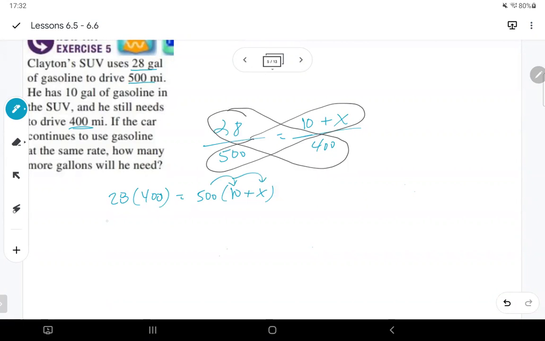So that gives us 11200 equals 5,000 plus 500x, minus 5,000.